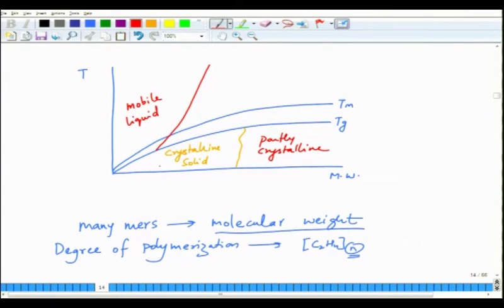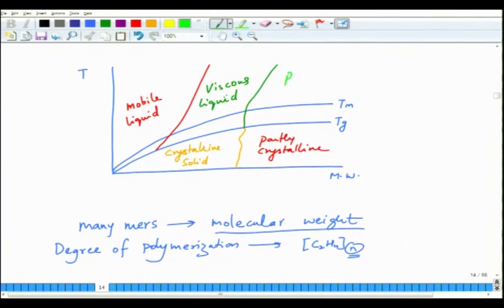For lower molecular weights, conversion from crystalline to mobile liquid happens at lower temperatures. At a higher range, somewhere in this range, it makes a viscous liquid, and that makes sense because if you increase the molecular weight, it becomes more and more difficult for chains to move. As a result, the viscosity of the liquid goes up, even in the melt form.